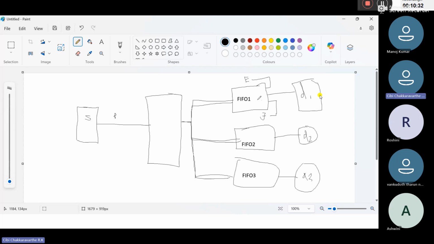That status FIFO can tell. That is why we are using FIFO here. The purpose of FIFO is, see, this is our router. This is our 1x3 router.